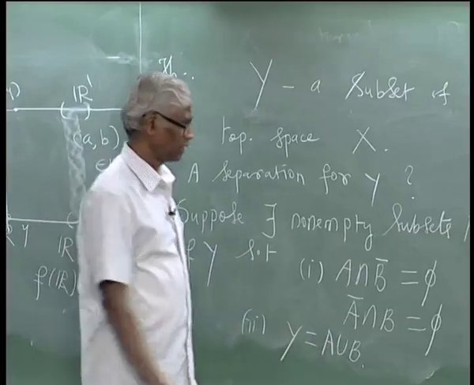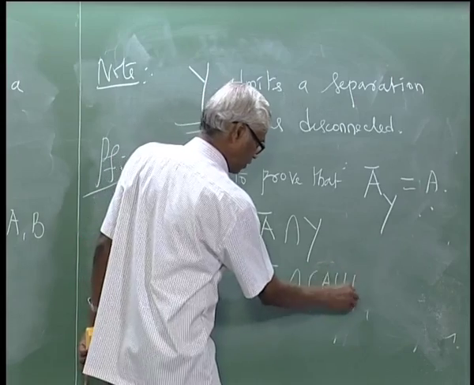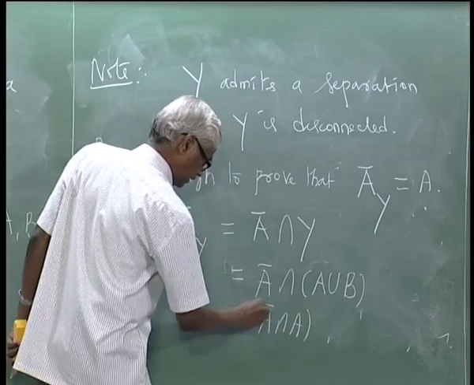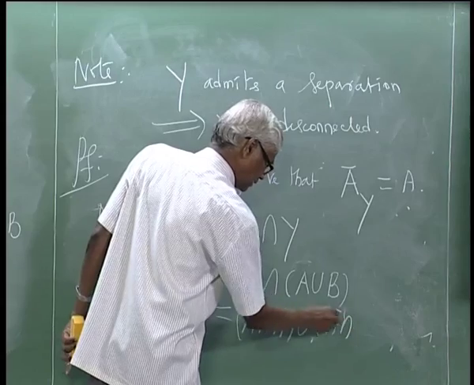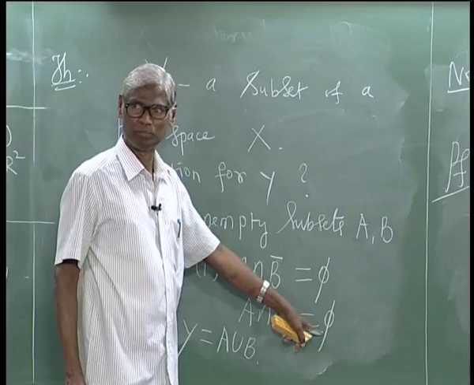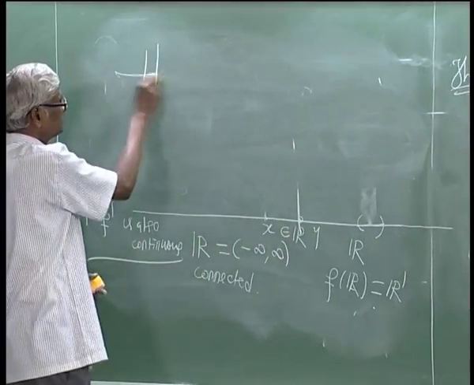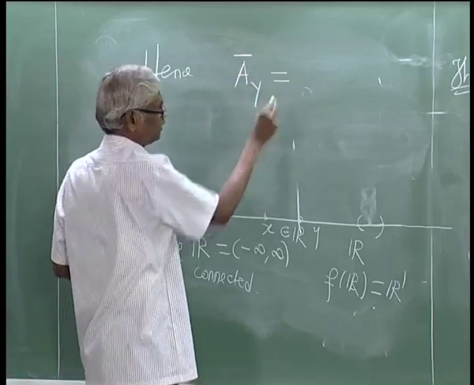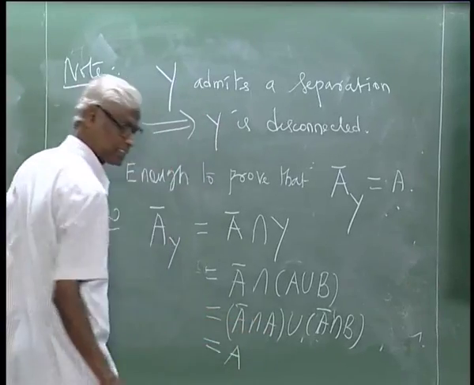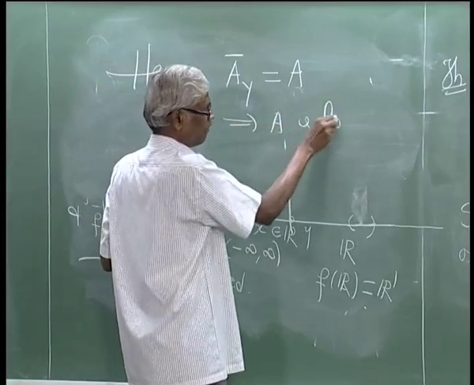And Y equal to A union B, so this equals A closure intersection A union B. Now by the distributive law, this is A closure intersection A union A closure intersection B. But given that A closure intersection B is empty, hence the closure of A with respect to Y is the same as A closure intersection A. Again, A is a subset of A closure, hence it is A, that is, the closure of A with respect to Y is the same as A. This implies A is closed in Y.